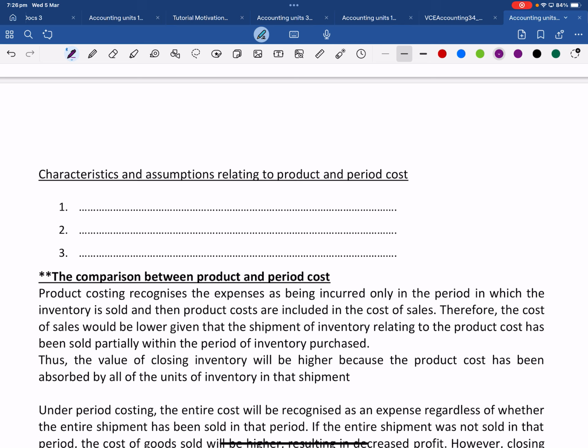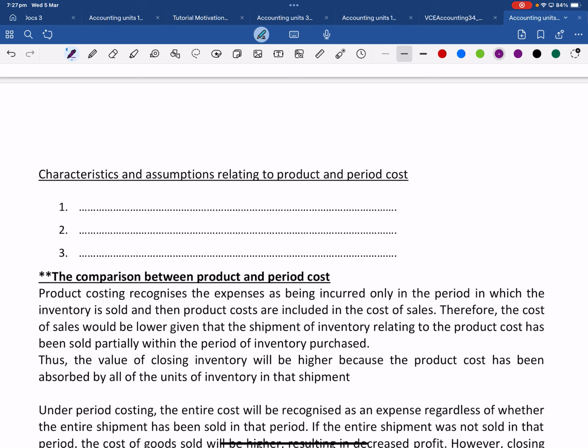Relevance? Yes. What else? That's a characteristic. Another characteristic we can give, faithful representation, is also correct, because of the accuracy. What are the assumptions? Is it going concern?